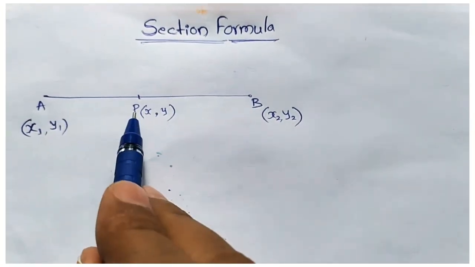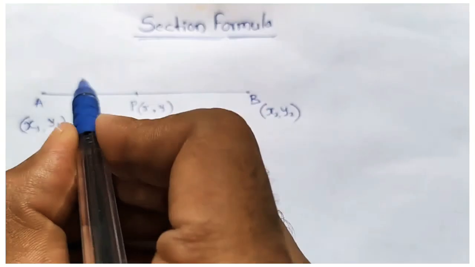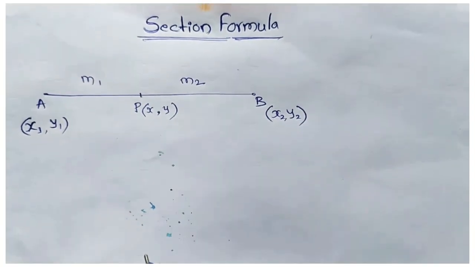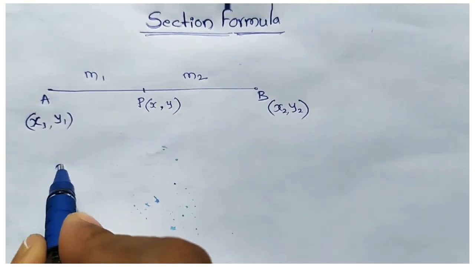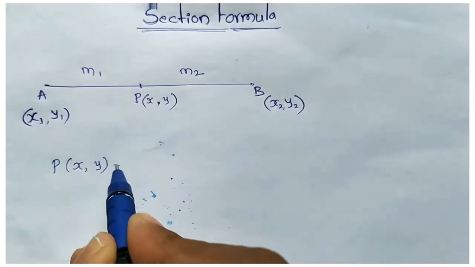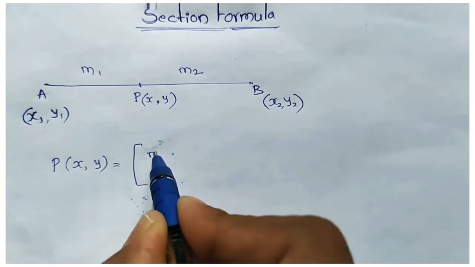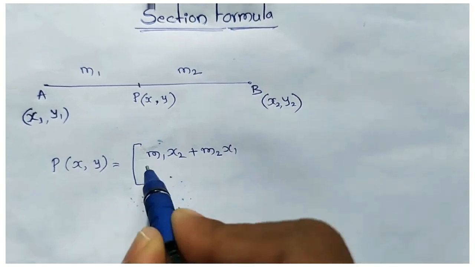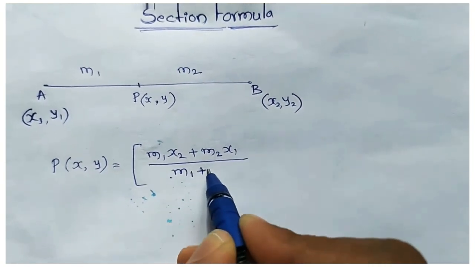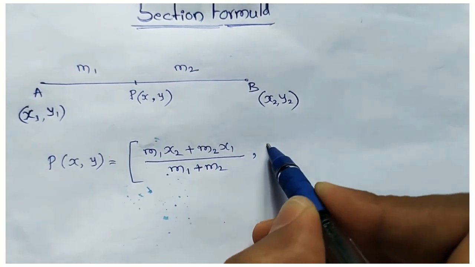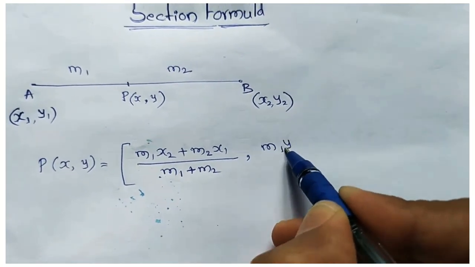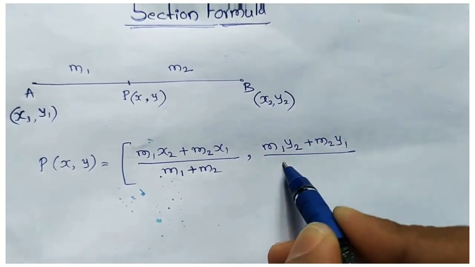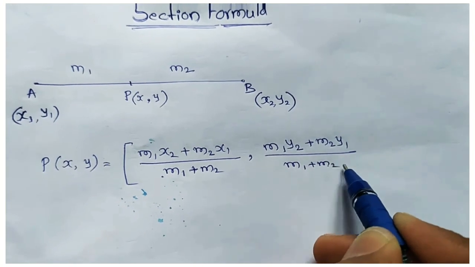Okay, so this point P is dividing the line segment in the ratio of m1 is to m2. Then our section formula will be P of x, y equal to m1 into x2 plus m2 into x1 divided by m1 plus m2, comma m1 into y2 plus m2 into y1 divided by m1 plus m2.